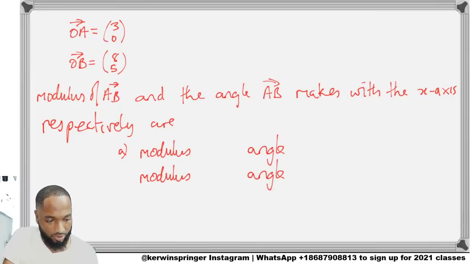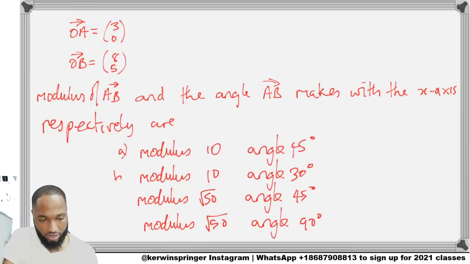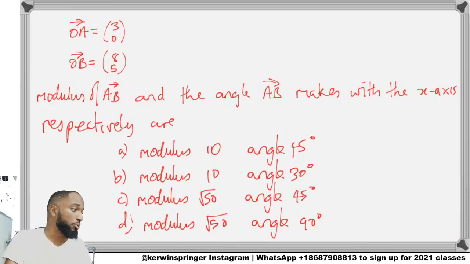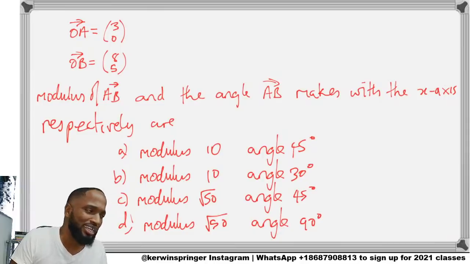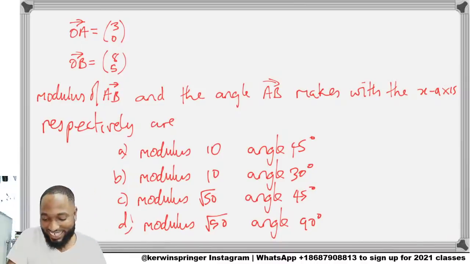Four answers, A, B, C, D. A little long to write out, but we are doing requested questions and I'm frightened to copy questions because I don't know where I get the questions from for sure. 90 degrees, 45 degrees, 30 degrees, 45 degrees. A, B, C, D. So, can you answer this question? Some people may be bored with this question. Yeah, this question is a little outdated. That's not a CSEC question. Technically, yes, this question can come for CSEC.